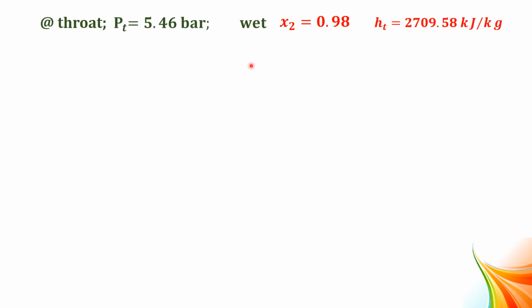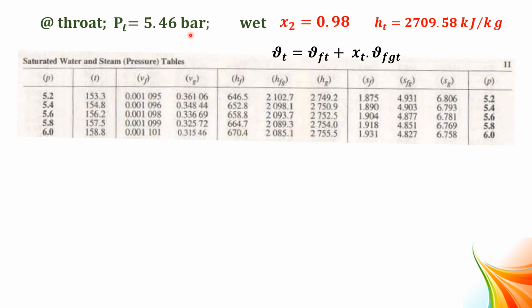Now we know the Ht value equals 2709.58 kilojoule per kilogram and the value of X2 equals 0.98. Now we have to find the specific volume of steam at the throat section. So Vt equals Vft plus Xt into Vfgt. Here we have to find the values of Vf and Vfg from the steam table corresponding to 5.46 bar.